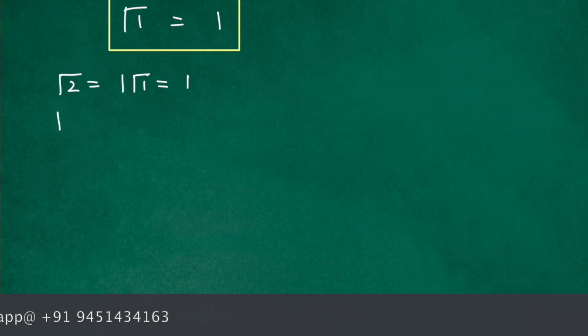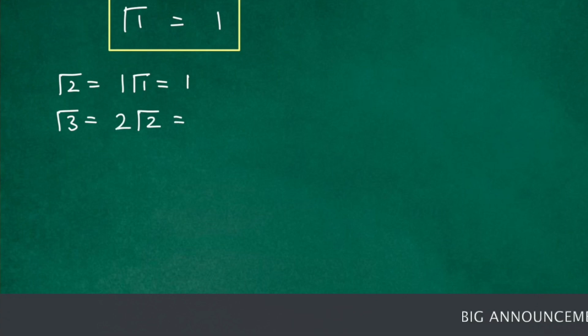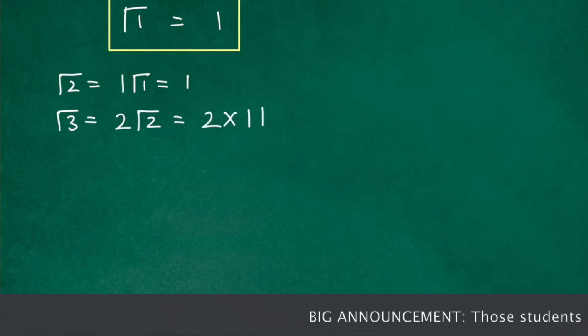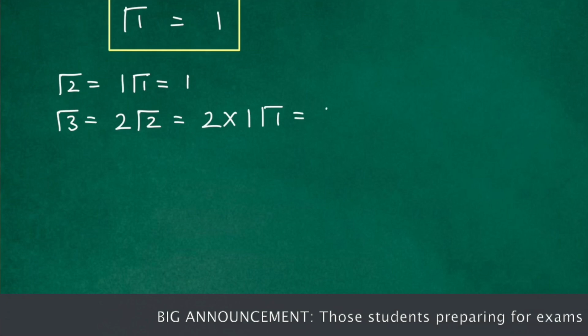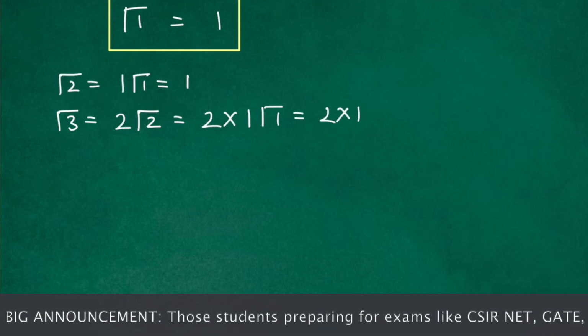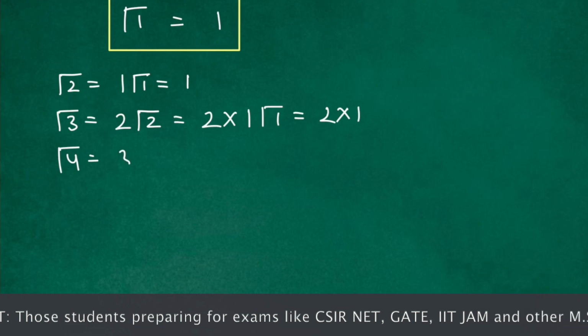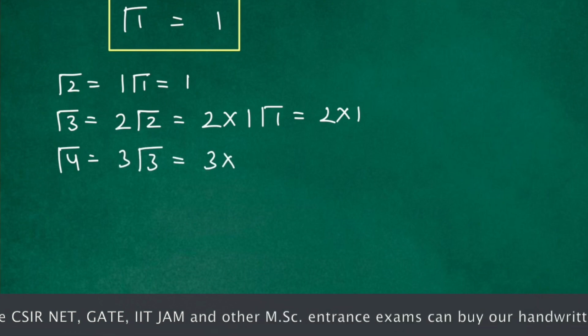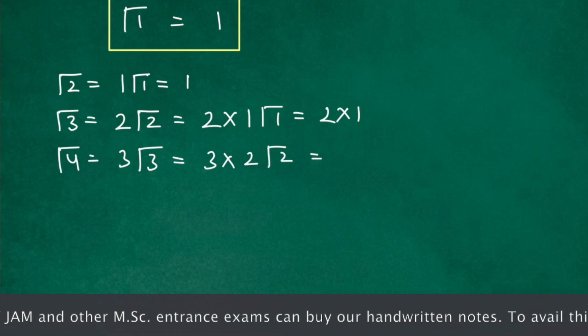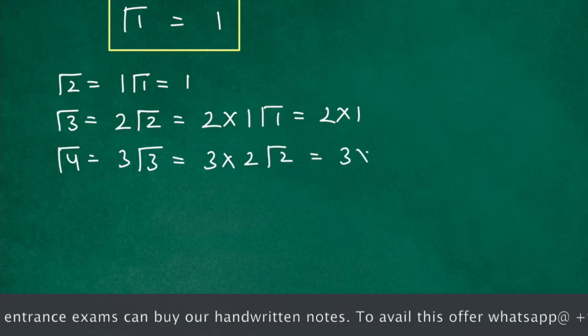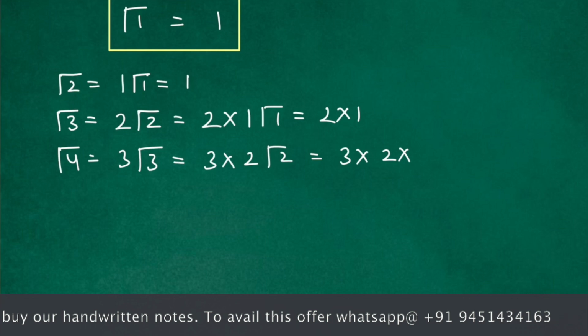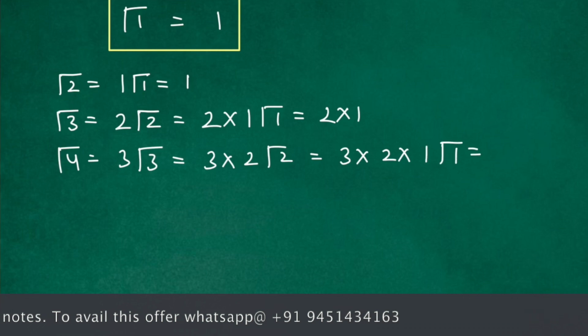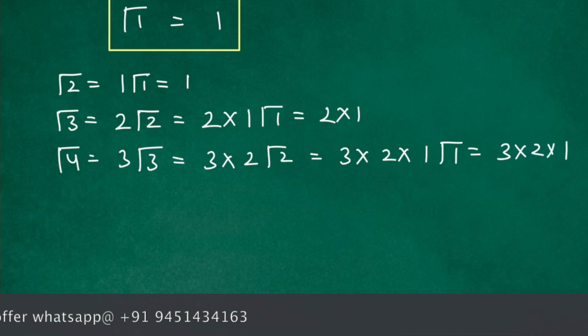Now gamma 3, again using the recurrence relation, will be 2 times gamma 2, and gamma 2 is 1 times gamma 1, so we will have 2 into 1. Gamma 4 will be 3 times gamma 3, and gamma 3 is 2 times gamma 2, which is 1 times gamma 1, so it will be 3 into 2 into 1.